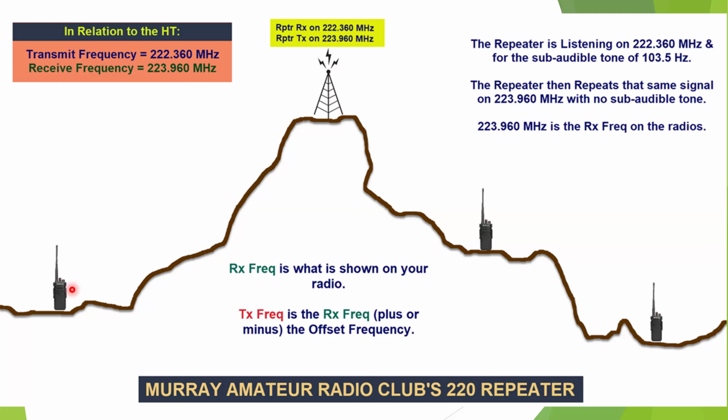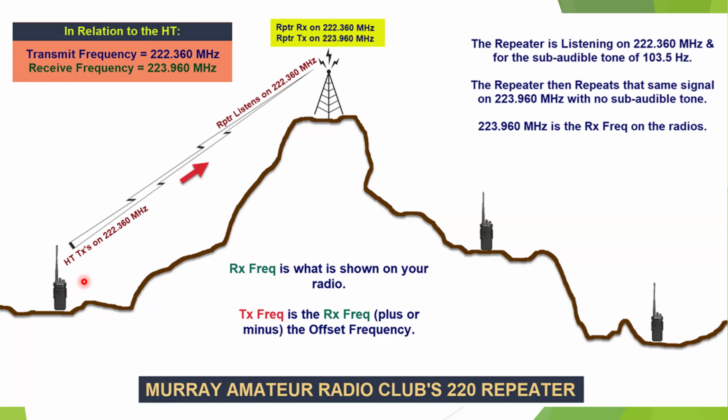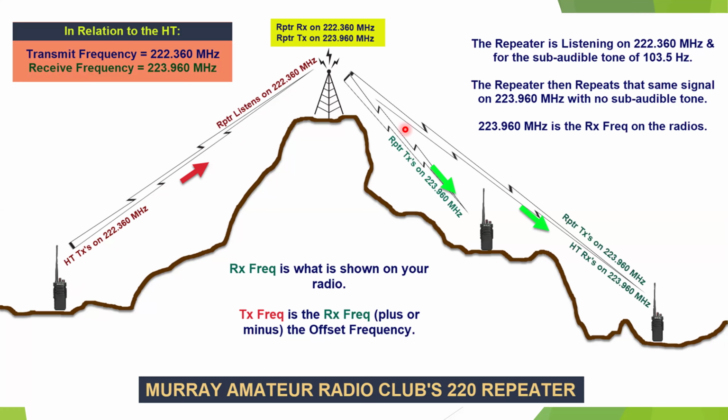This radio here is going to transmit. So the HT is transmitting on 222.36. The repeater is listening on 222.36, and if he's transmitting the 103.5, then he will go ahead and retransmit that on a different frequency.